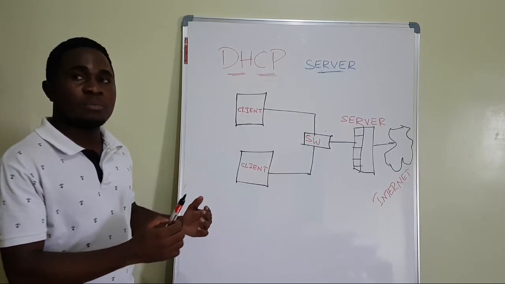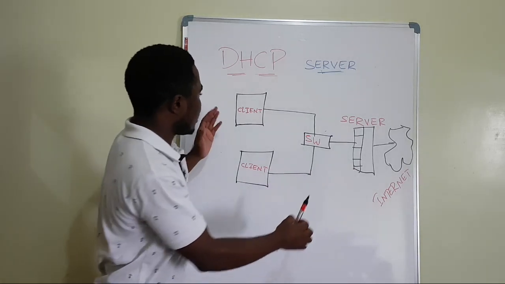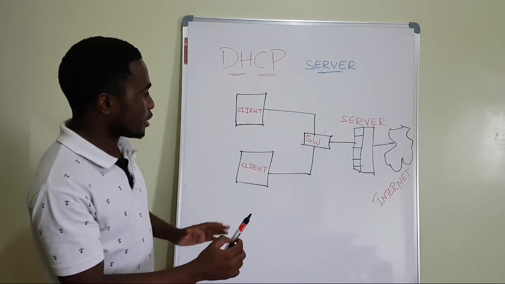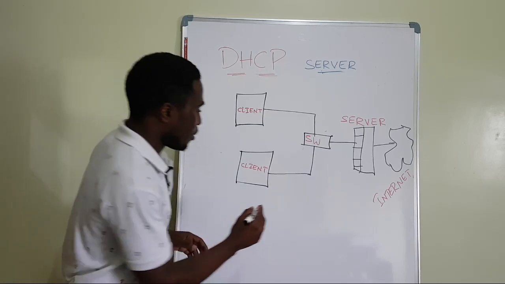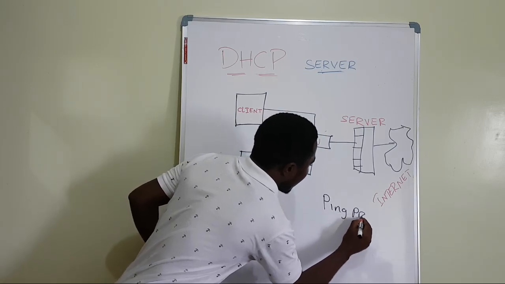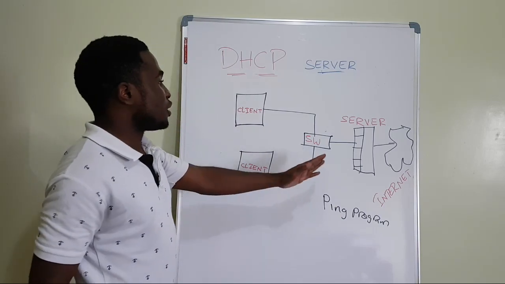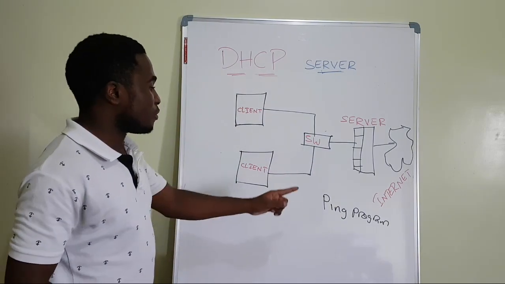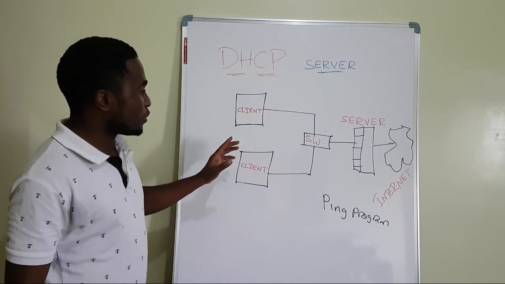the connectivity between the server and the IP address. How does it check? It sends the ping program. The ping program is there to check the availability of the IP address to the host.